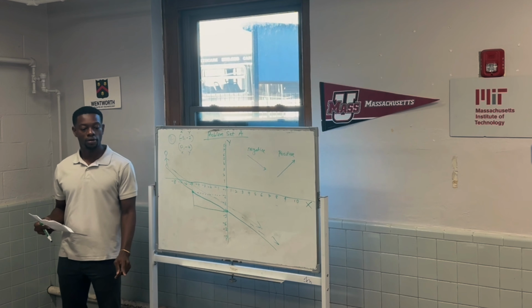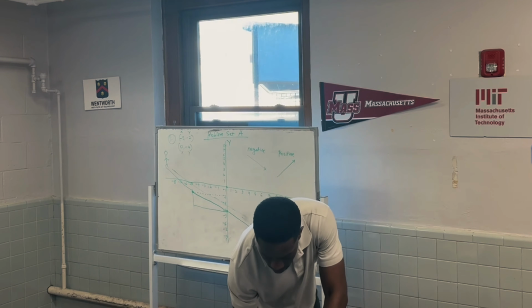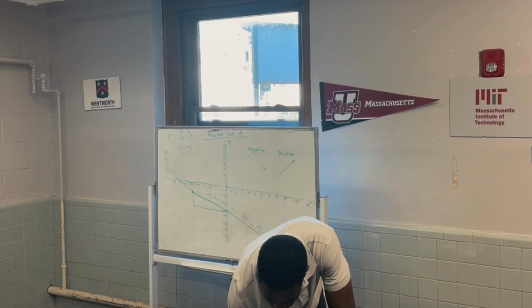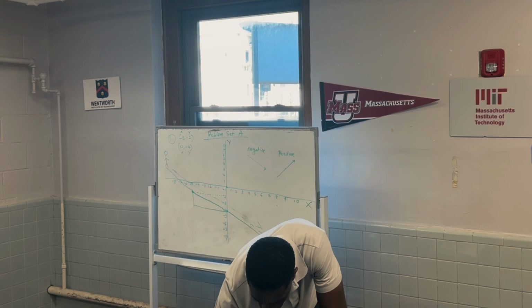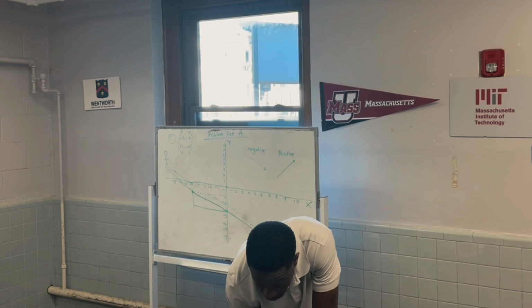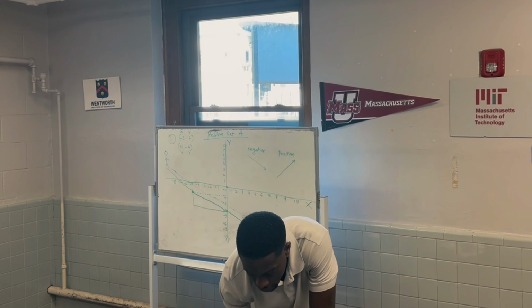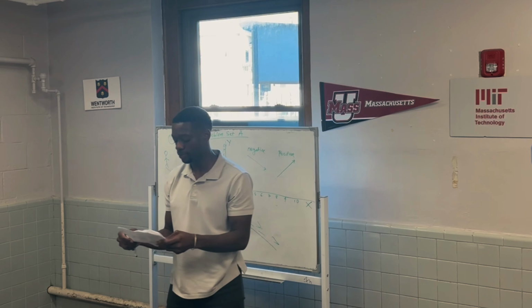Like imagine you were right here, and you're going up or down. See how this one is going down, starting from here? This one is going up, because you're starting here, you're going up. You're always walking from left to right. Everybody get that? Yes.